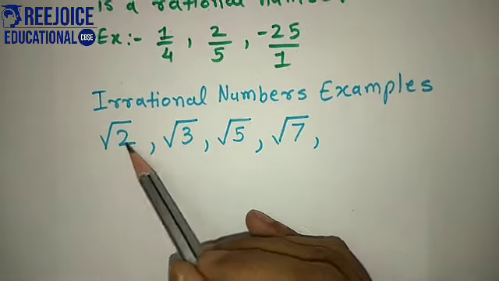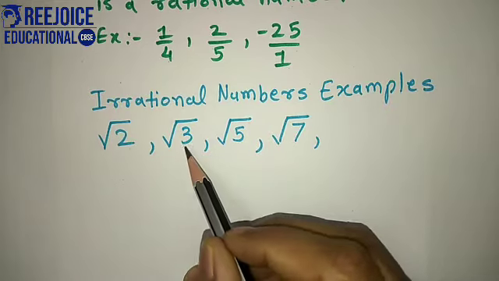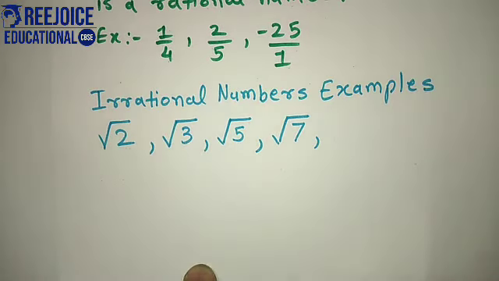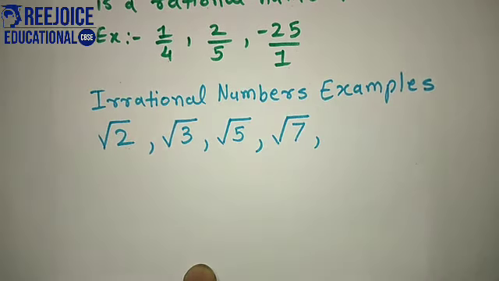What is the square root of 2? Do you know, the square root of 2 does not come as any whole number or natural number without a decimal point, right? Then under root 3 or square root 3. Square root 3 is also a decimal number. Square root 5 is also a decimal number, and square root 7 is also a decimal number.